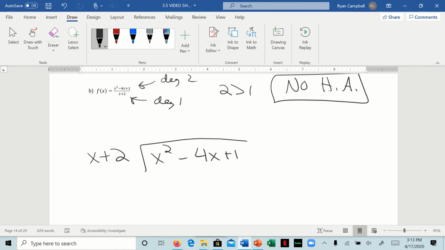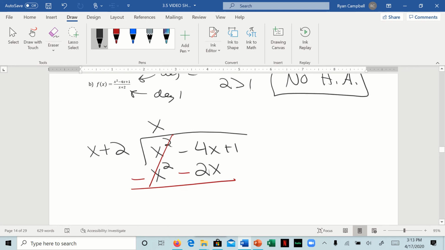So what times x is x squared? We see it's x. x times x is x squared. x times 2 is 2x. Then we subtract, so flip all the signs. x squares cancel. Then we get negative 6x. Bring down the plus 1. So what times x is negative 6x?